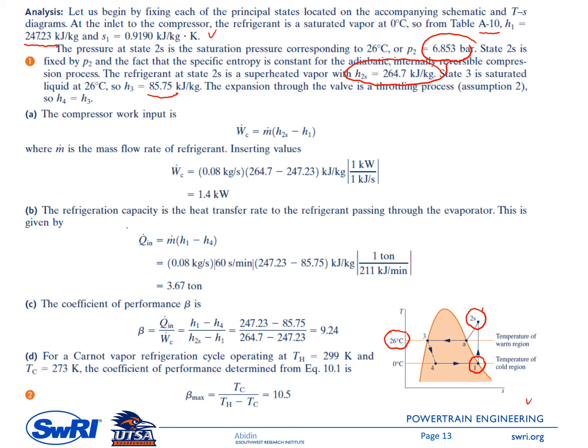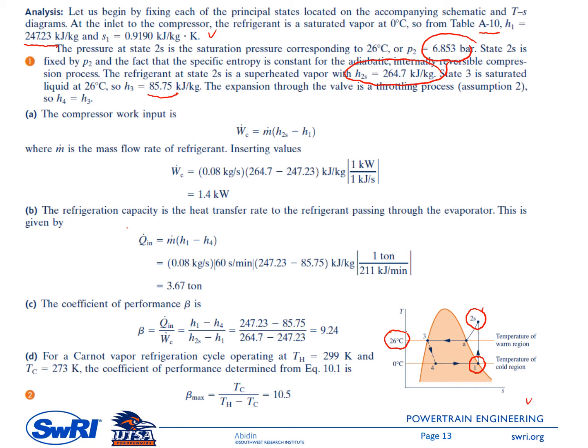Then enthalpy at point 4 equals enthalpy at point 3, because this is the process inside the expansion valve, a throttling process. So H4 equals 85.75 kilojoule per kilogram.